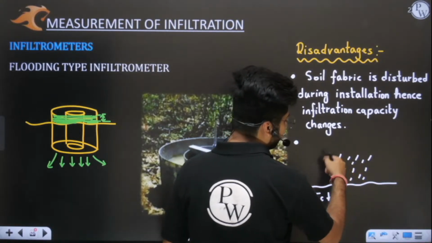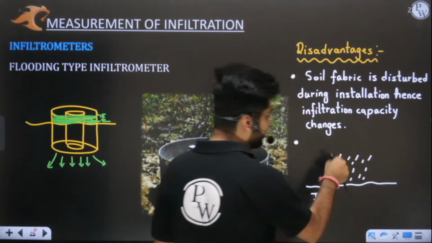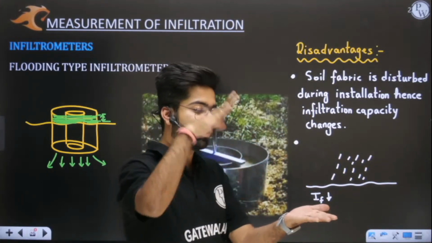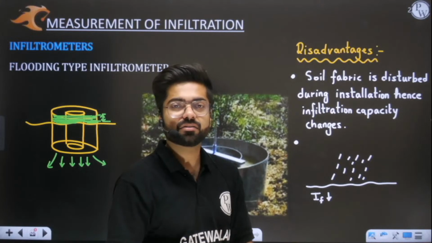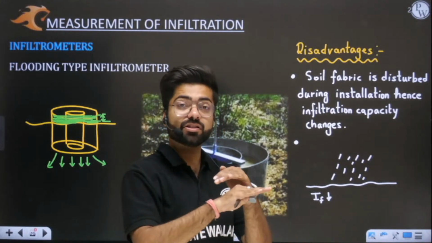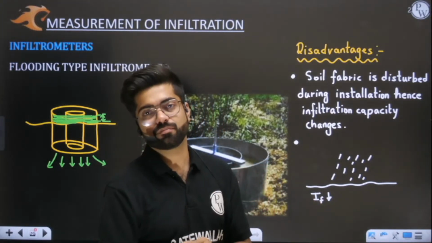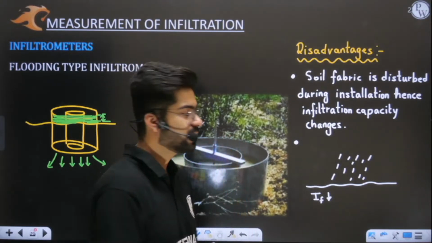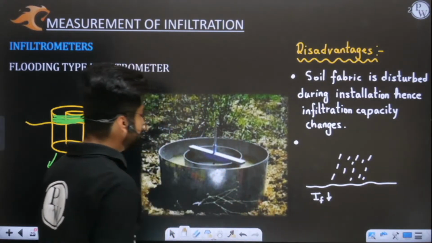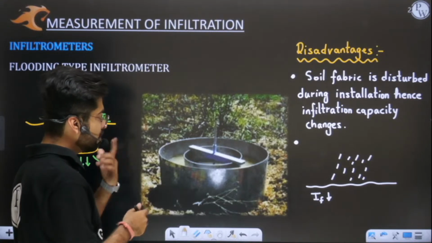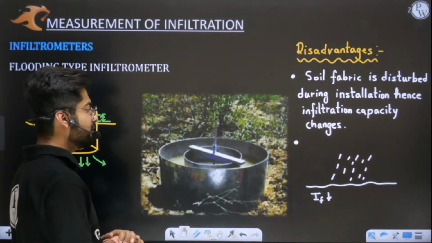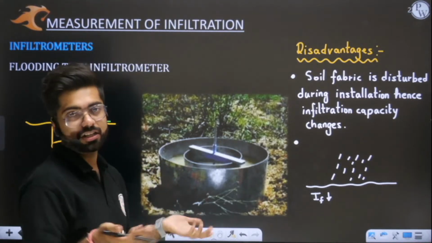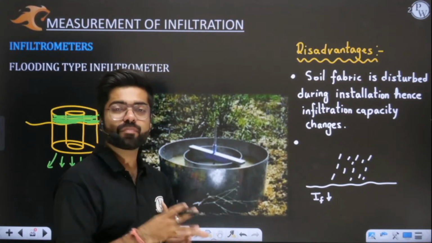So whenever rainfall is there in actual practice, because of raindrop impact, you will see that less water goes inside because void size decreases. But here, in actual practice, this flooding type infiltrometer will give you more infiltration. Why? Because no raindrop impact is here.